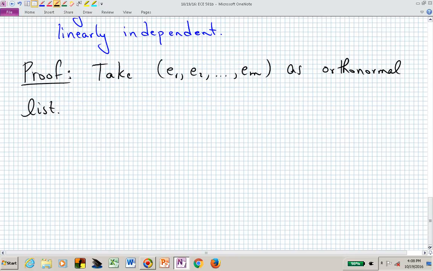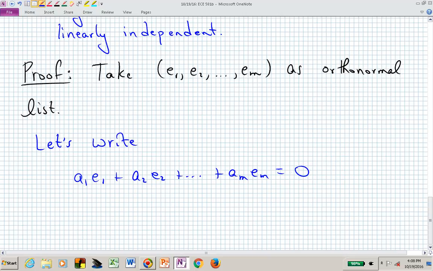And now suppose that we find coefficients a1 and scale e1, a2 and scale e2. Suppose that we can find these scalars such that when we add up those scaled vectors, a1 e1 plus a2 e2, we can find those scalars to give us zero.